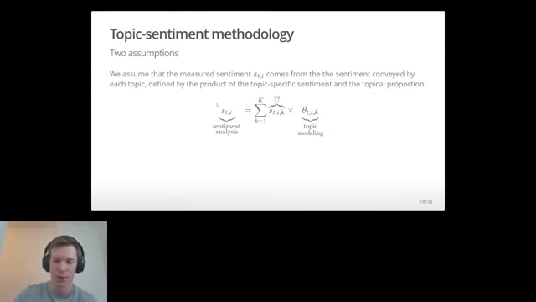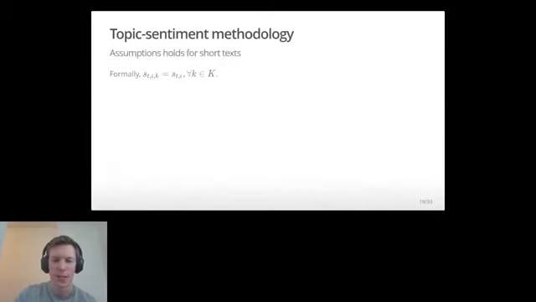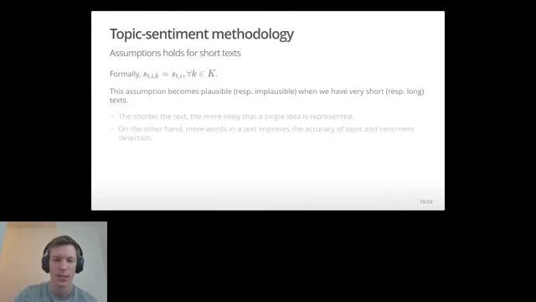So one assumption that we make is that S_i would be equal to S_i,k, so that the sentiment is constant over the text. It makes sense for short texts, because when you have a short text, it is more likely that a single idea is represented.